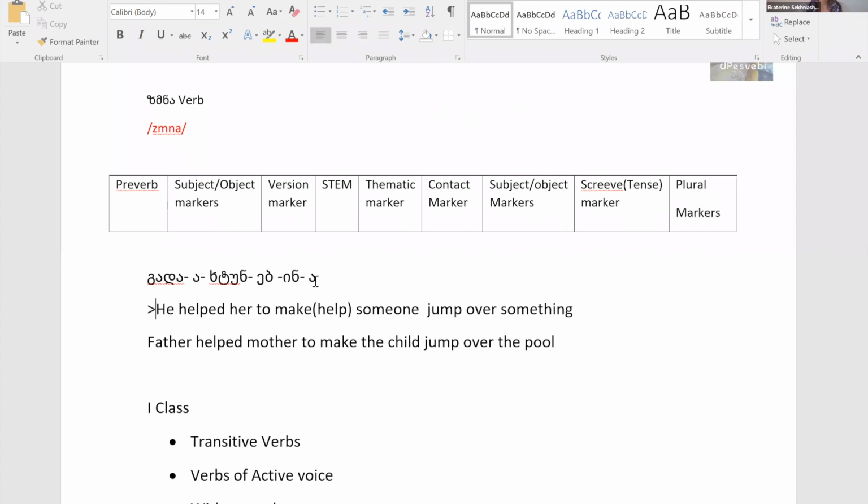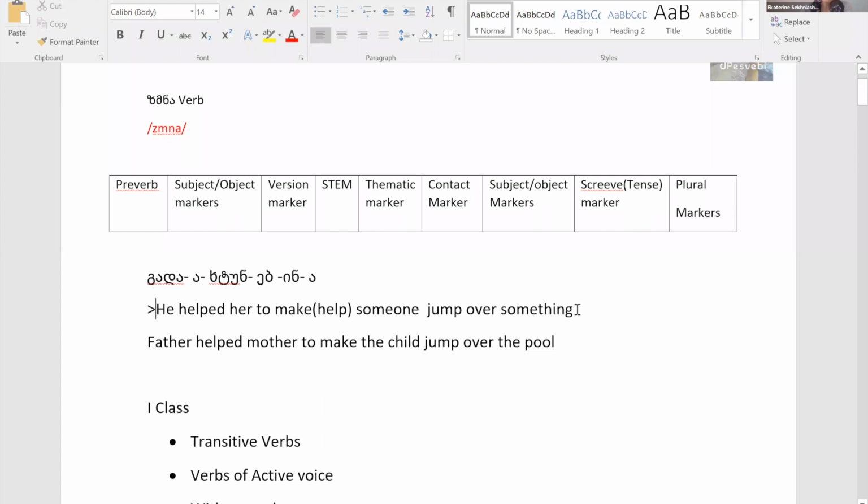If we translate it from Georgian into English, what do we get here? I don't know how accurate the translation is, but at least I try to incorporate all the information given in the verb into the English translation. The idea is that he, someone, helped her, the object, to make or help someone, the third person, jump over something.